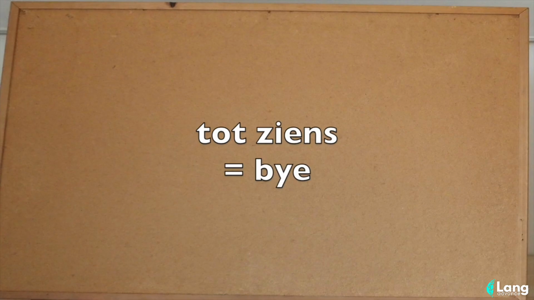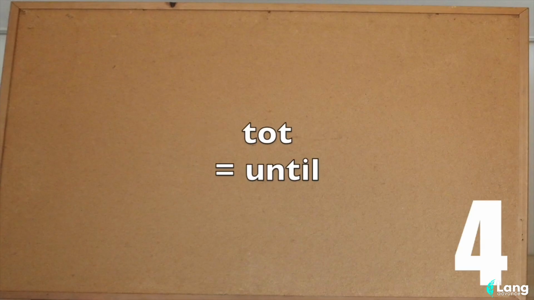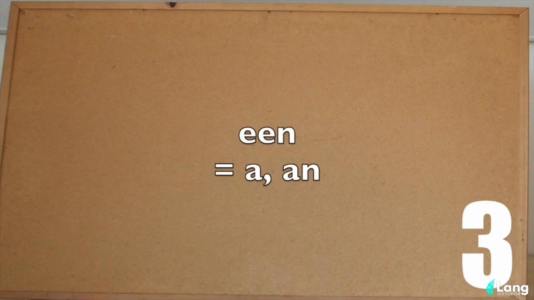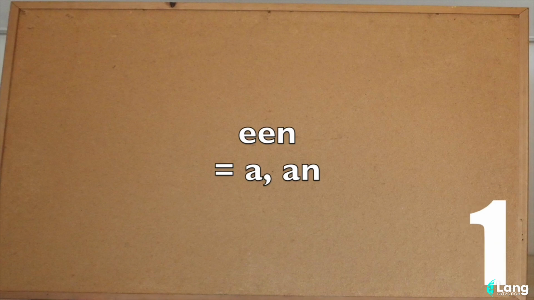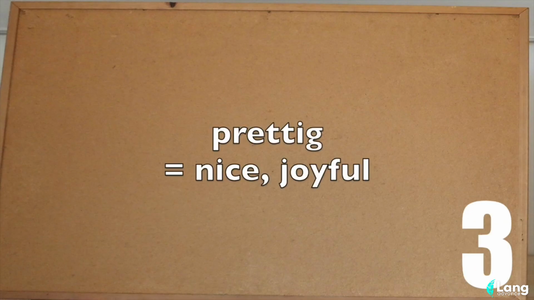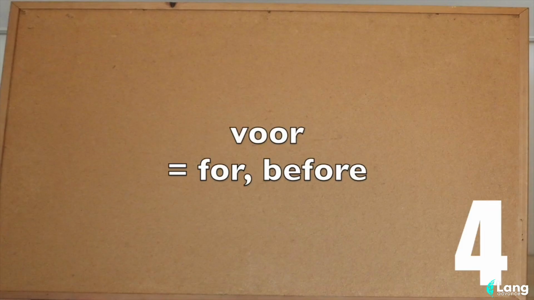Tot ziens means bye. Tot only means until. Een is the indefinite article, that's a or an. Prettig means nice, joyful. And voor means for.